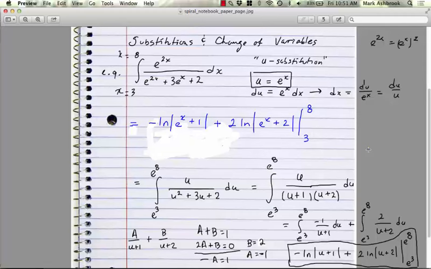That's going to give you the same number that you would get here. So when it's definite, it's your choice. If it's indefinite, then you have to change it back to x because the original problem is in x.